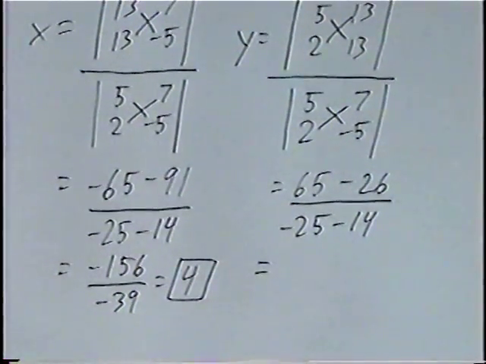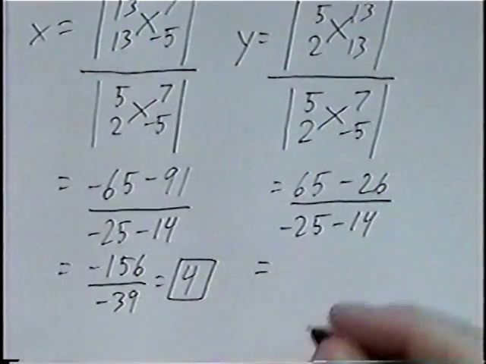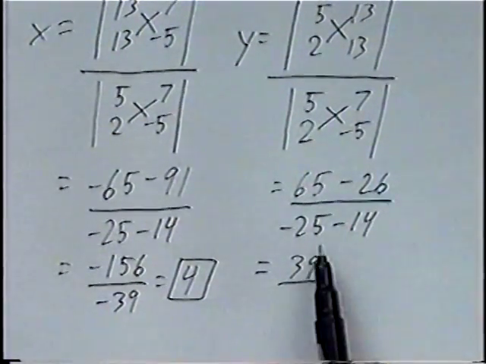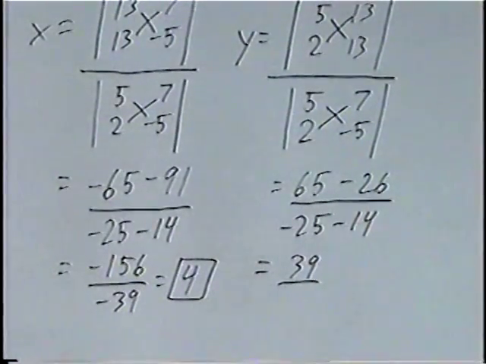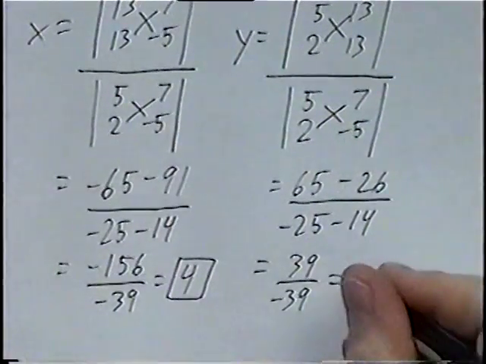Solving for the y, 65 minus 26 would be 39, divided by negative 25 minus 14, which would be negative 39, dividing out would be negative 1.